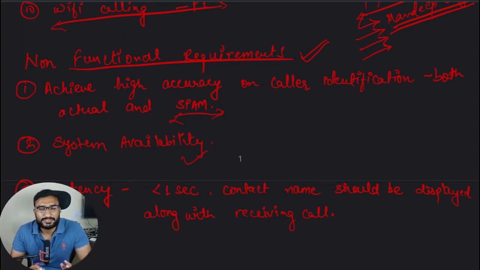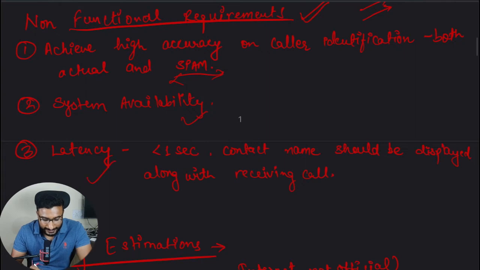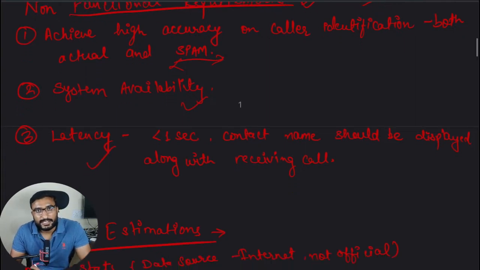You want your system to be completely available for any of the APIs you are supporting, any of the functionalities you are creating. Latency is another important thing in our case, because whenever you get a call, you want to display the name as soon as you get that call. So let's say you got an incoming call from number 7xxx.